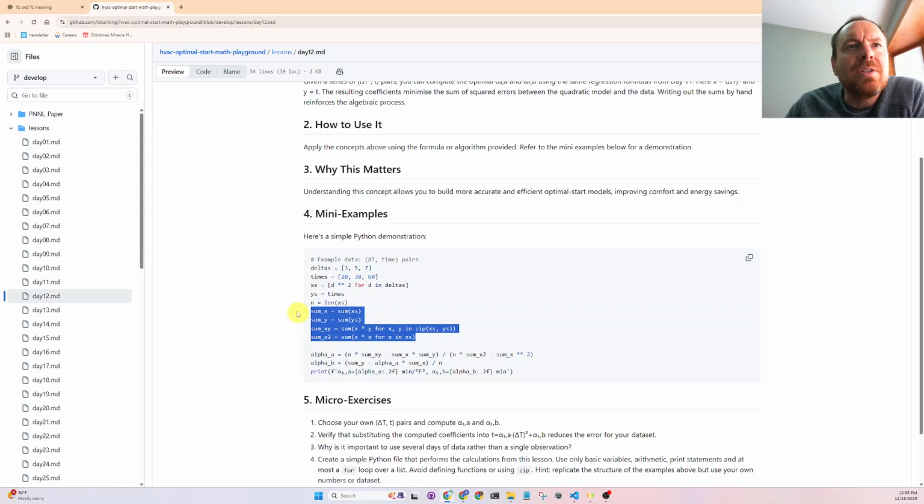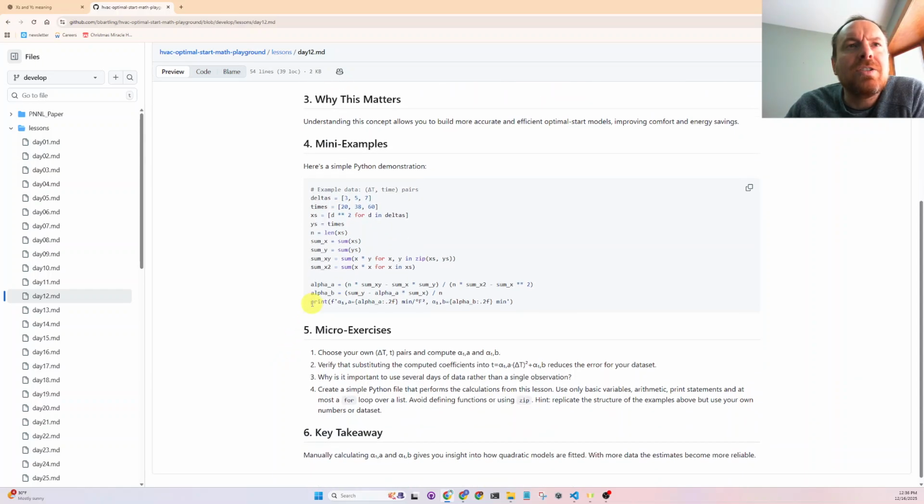So they're coming up with the same stuff that we've been talking about, and then they're printing a new little equation here, which is kind of neat because they're describing the alpha A parameter with units, so it's minutes per degree Fahrenheit squared, and then this is also just in minutes.